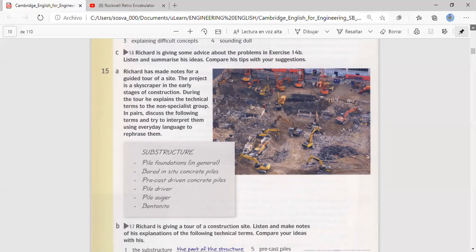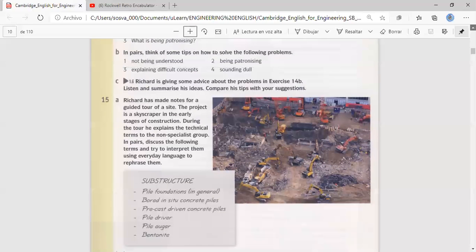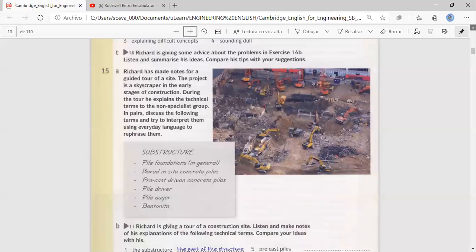Okay. In this case, now he's going to give us some advice, some tips about the problems that we read before. I mean, he's going to help us learn a little bit more about how we can avoid or solve not being understood, sounding dull, being patronized, and explaining difficult concepts. What can we do if we face a difficult situation explaining something to someone?